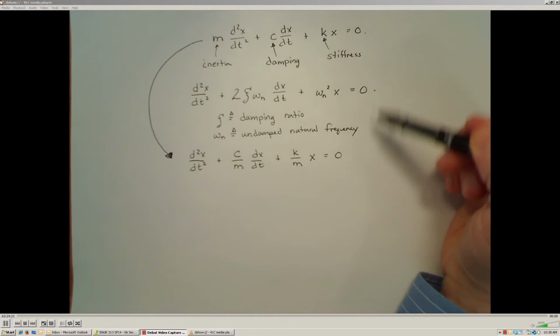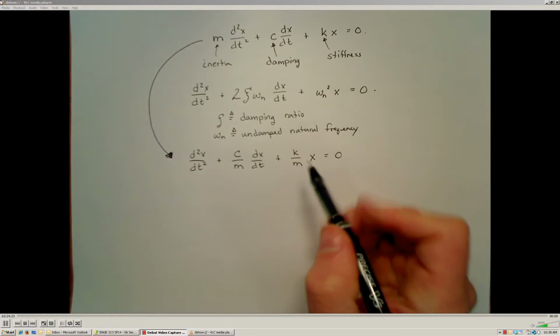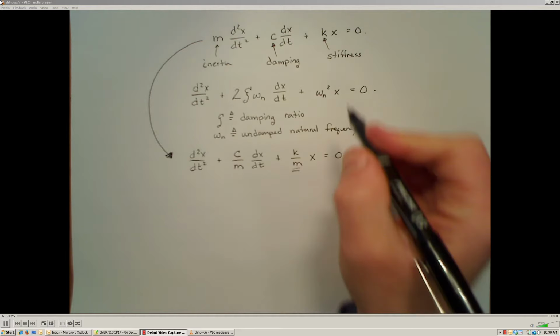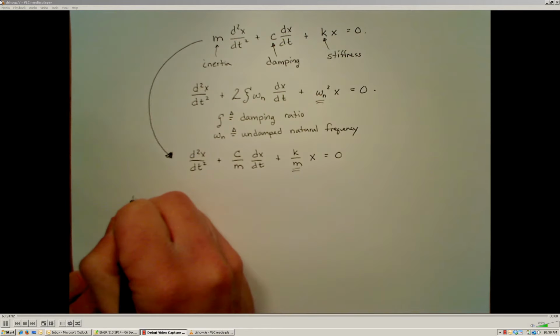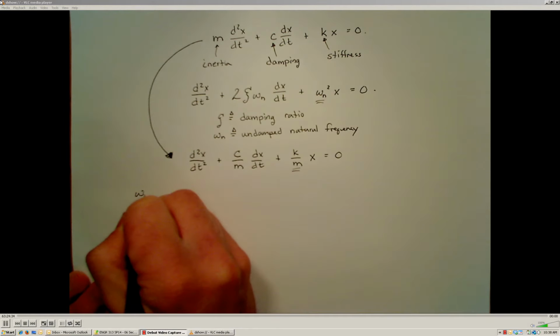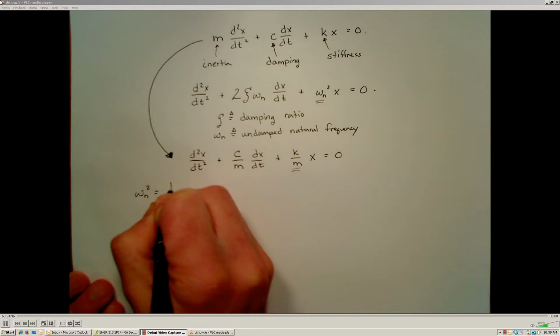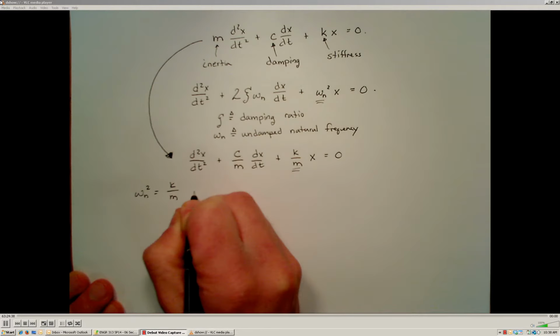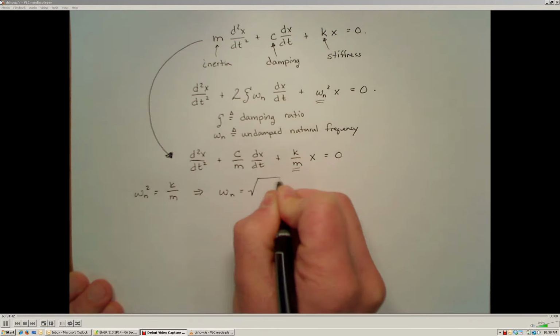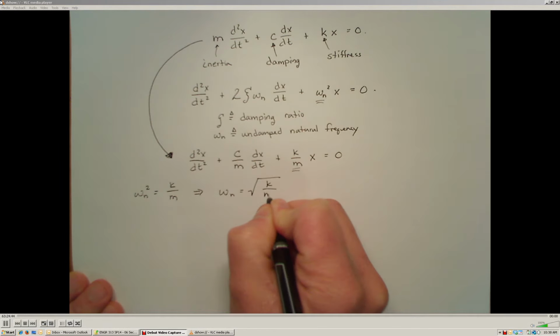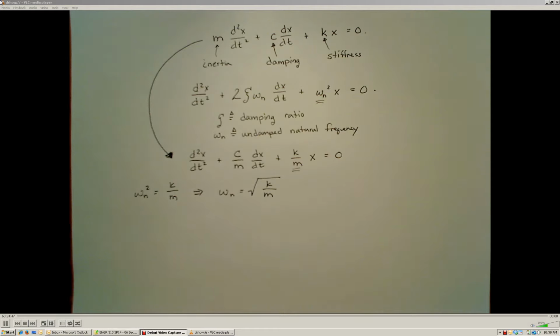Comparing these two models directly, I see first off that k over m must be the same thing as the undamped natural frequency squared. So the undamped natural frequency squared is equal to k over m, which means that the definition of the undamped natural frequency is the square root of k over m.